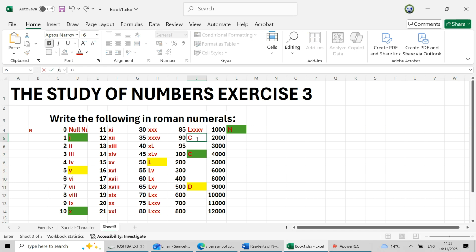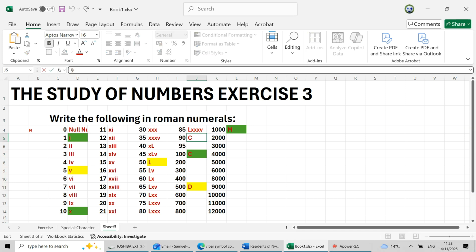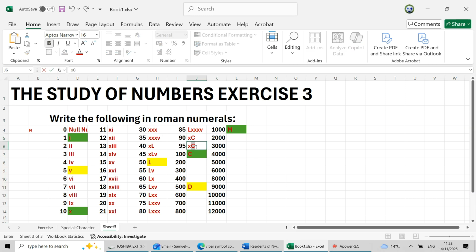Remember, it's capital C. Now 100 will say, I can give you myself as 100, but you need to take 10 from me in order to get 90. So when you're taking away 10, you write X beside C on the left hand side, meaning that we are taking 10 out of 100 in order to make 90. So we have our 90 already, XC.